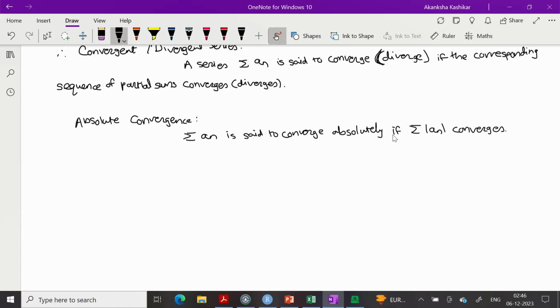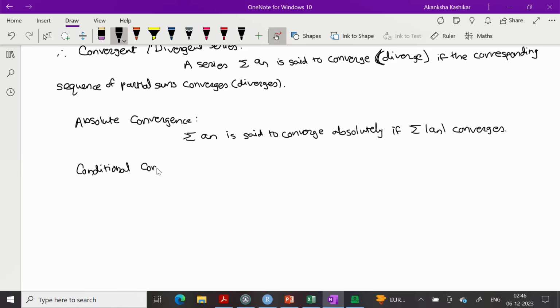Now you can see from this definition that if a series consists of only non-negative terms, then convergence is the same as absolute convergence. But in general, this need not be true.